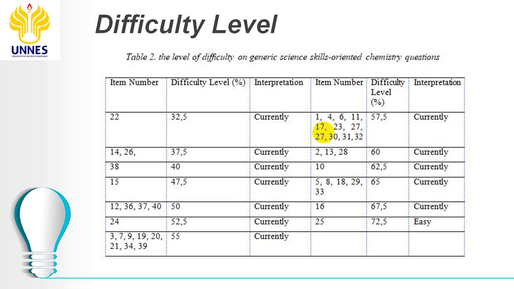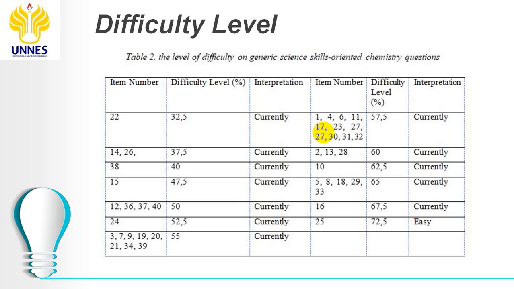Okay, based on the results of the analysis, it is known that the chemistry questions oriented to generic science skills on the aspect of difficulty level are categorized as easy, totaling 1 item. Items in the medium category amount to 39 items.